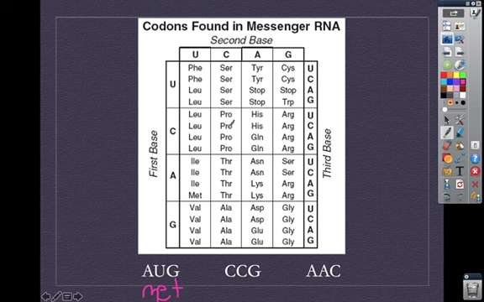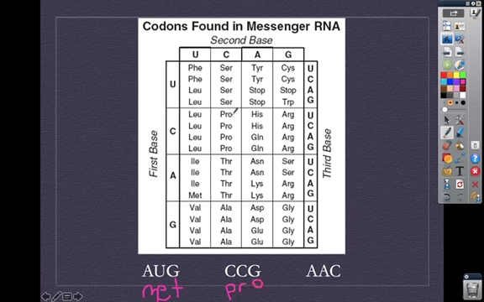So this is CU, this is CC. So I'm here in this box. I cannot leave this box now. I only can choose from one of these 4. And my third letter is G. So I'm down here on this line. Okay. So my second amino acid is PRO, which stands for proline.